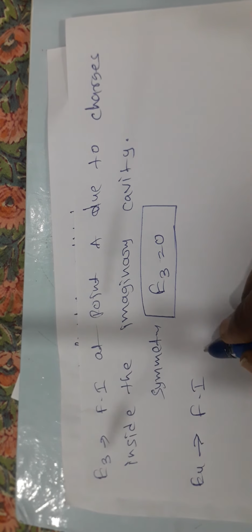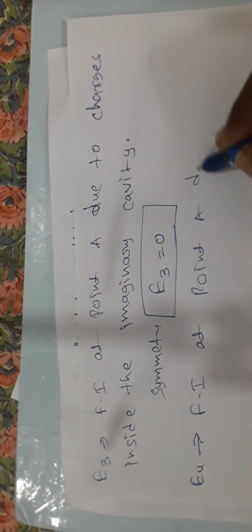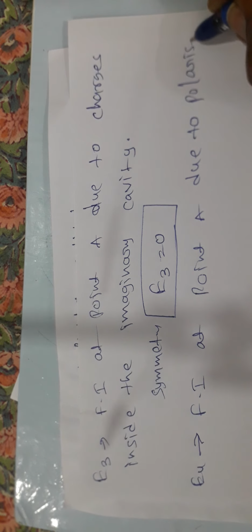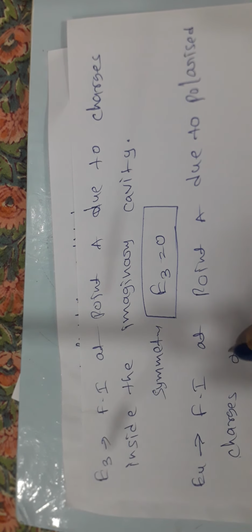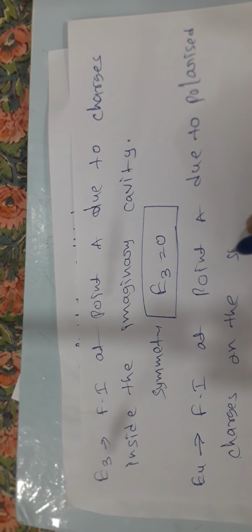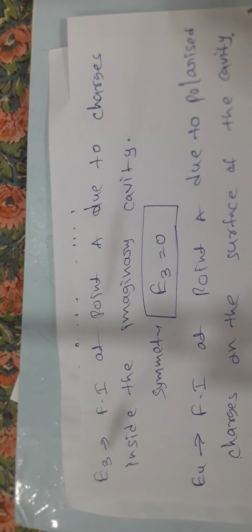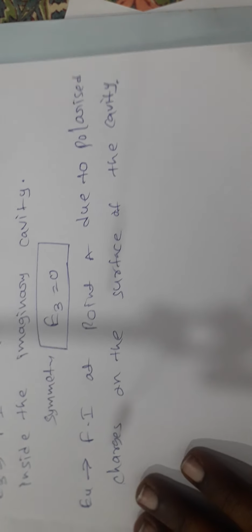E4 is the field intensity at point A due to polarized charges on the surface of the cavity. So the charges on the surface of the cavity. Cavity means we draw the inside part of this diagram, this surface cavity.